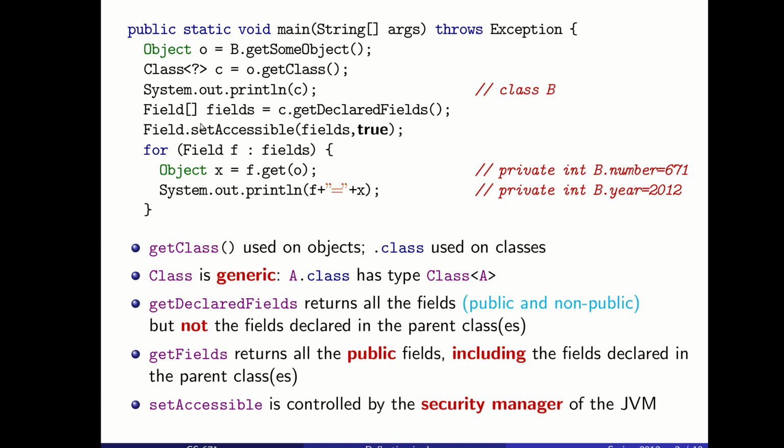And so then we can mark them accessible. So we can actually change them in our code from being treated as private to being treated as public, essentially. This is controlled and either allowed or disallowed by the security settings when Java is run.